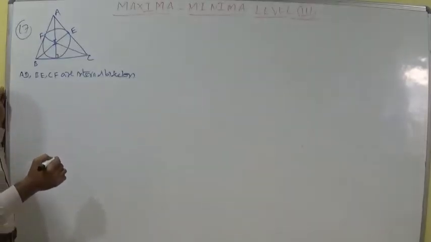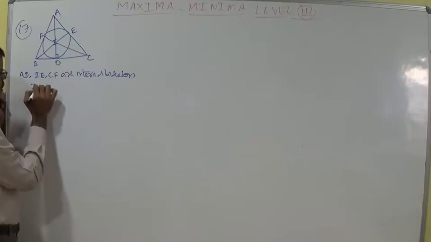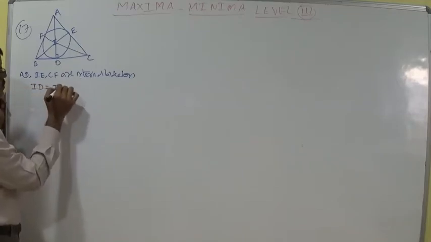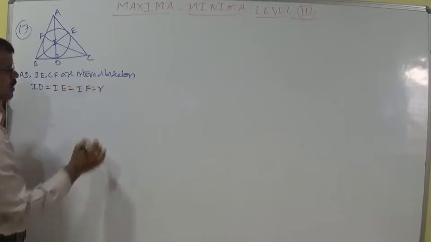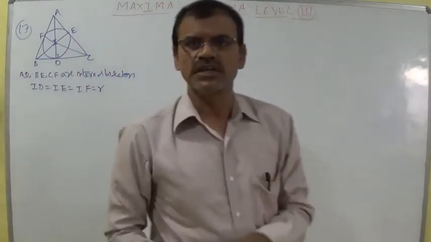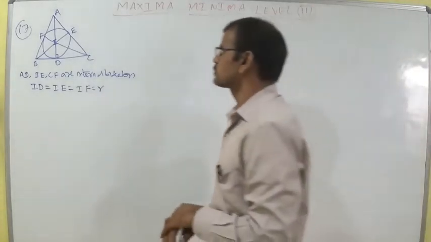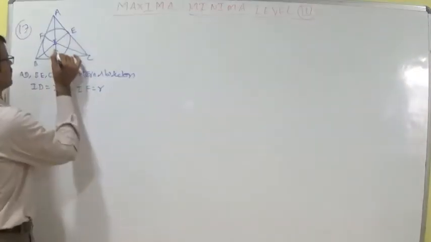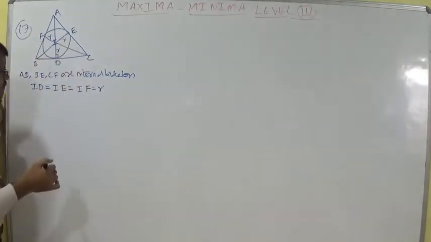I is the incenter. We know that ID is equal to IE is equal to IF is equal to small r. Small r means the inradius here. Let us indicate it with small r here. This is small r, this is small r, this is small r.